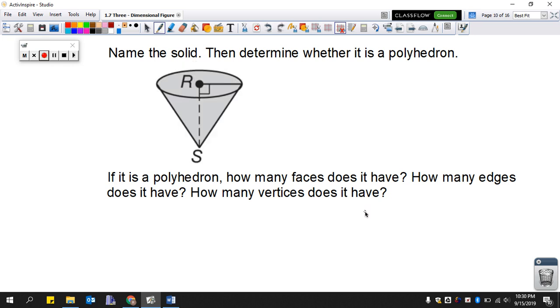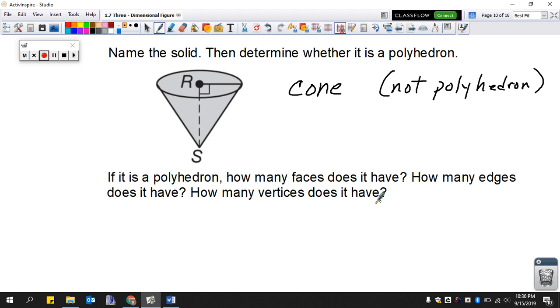The next solid. Well, this solid is a cone. That's a cone, and because it has a circular base and a curved side, it is not a polyhedron. It is not a polyhedron.